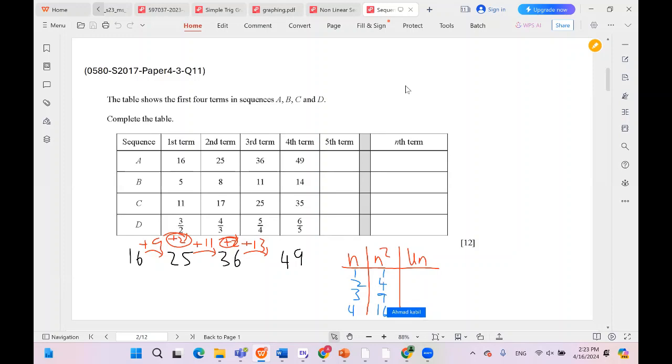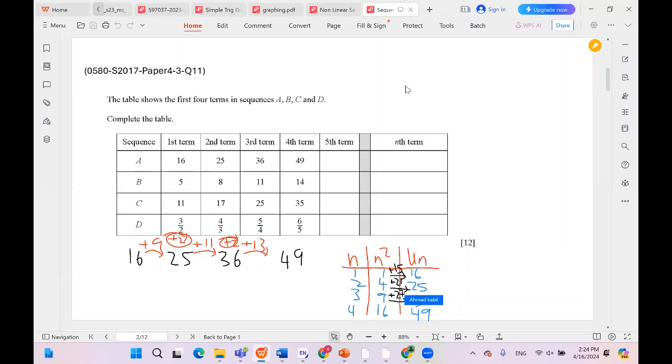For un, we have 16, 25, 36, and 49. We need to figure out the relationship between n squared and un. So here, this is plus 15. From 4 to 25, this is plus 21. From 9 to 36, this is plus 27.